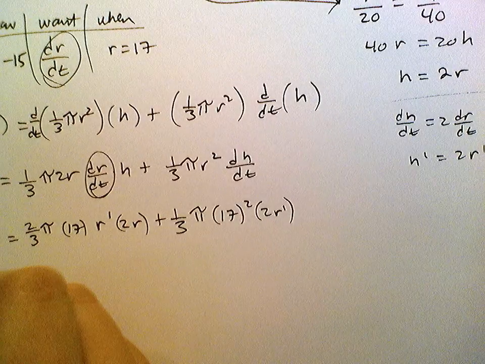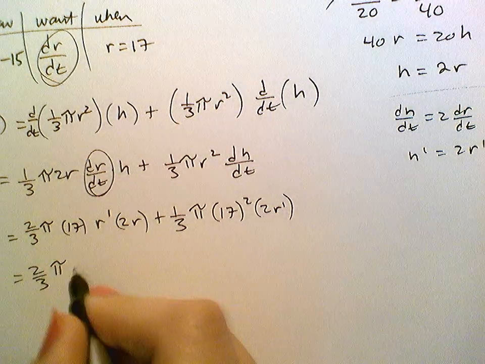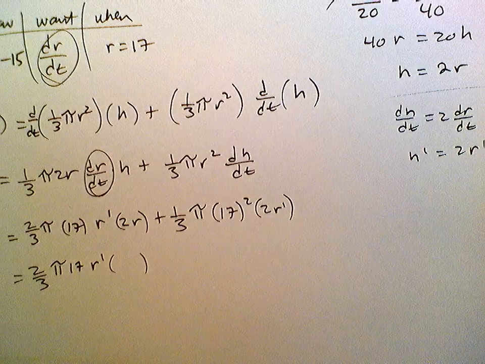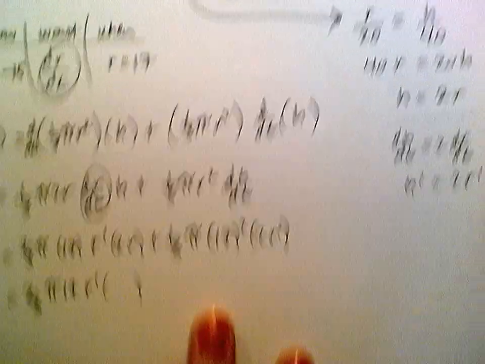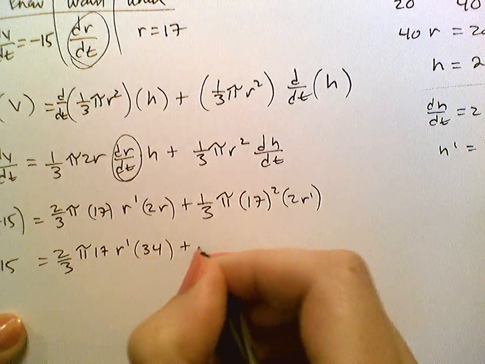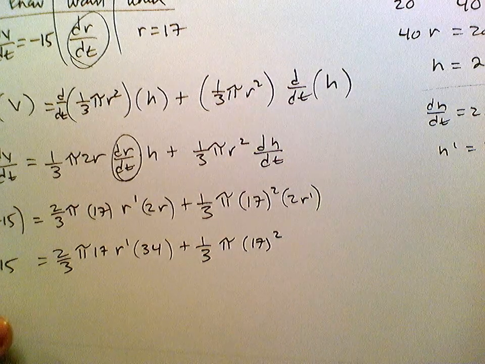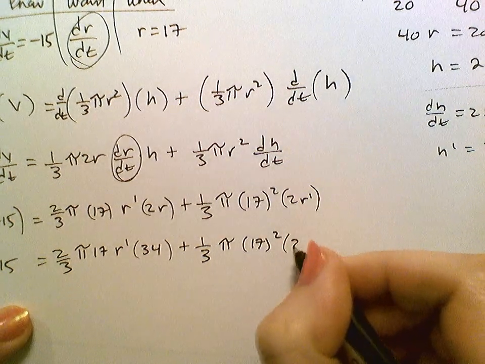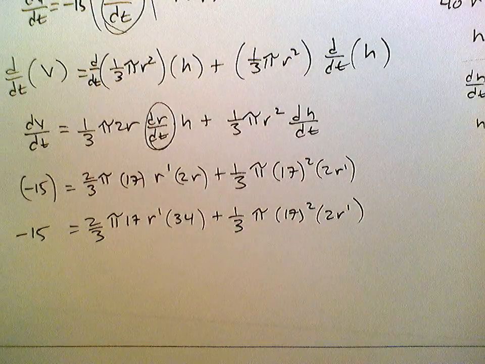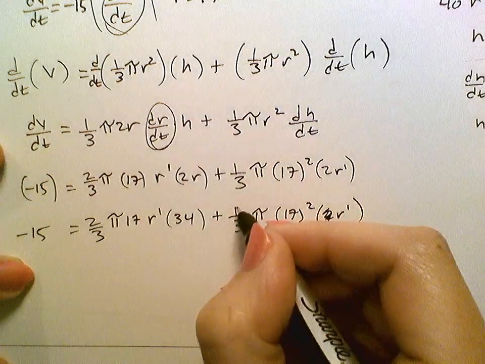And then this is -15 equals 2/3 pi 17 r prime, and then 2r, we already know that r is 17, so that's 34, plus 1/3 pi 17 squared 2r prime. Anything cancel? No, but that 2 can go up there.